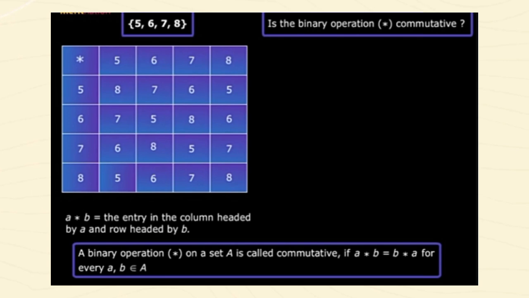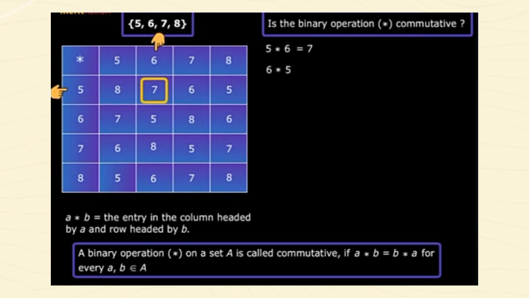A binary operation star on a set A is called commutative if A star B equals B star A for every A and B that belong to the set A. So let's take the commutativity of star. You see that 5 star 6 is the entry in the column headed by 5 and the row headed by 6.